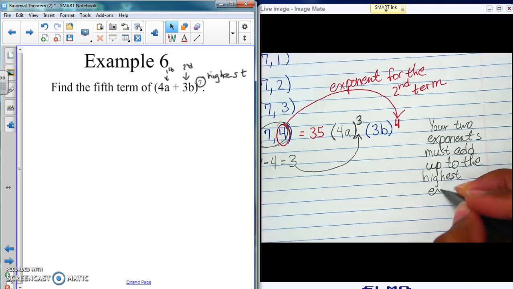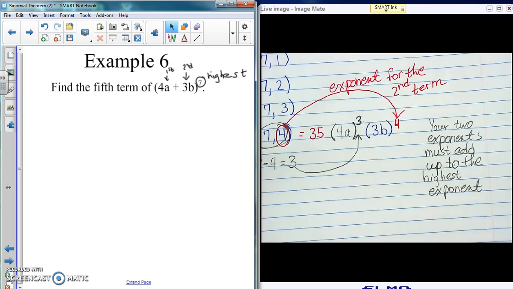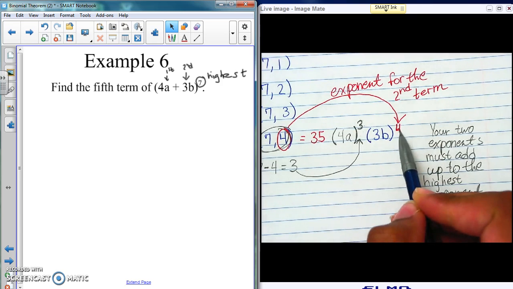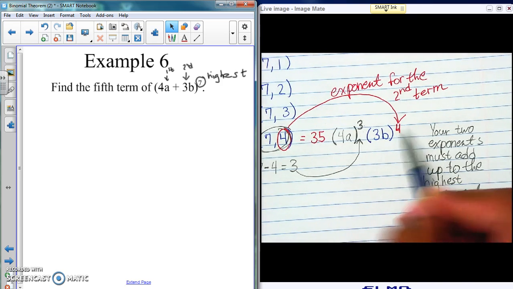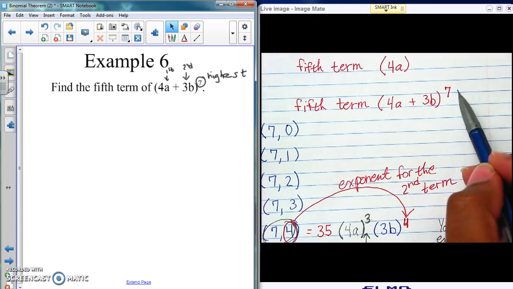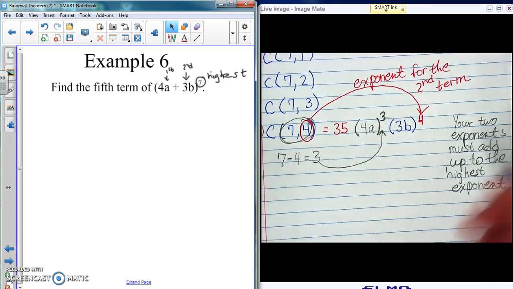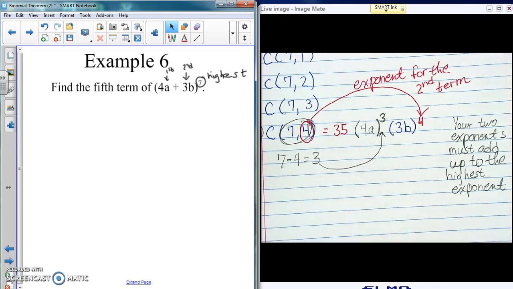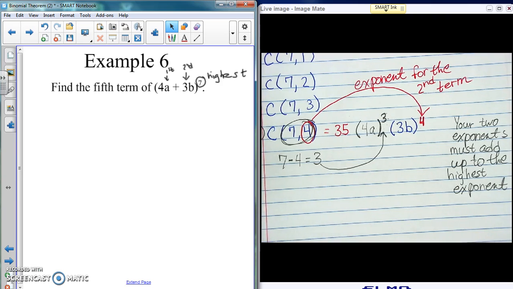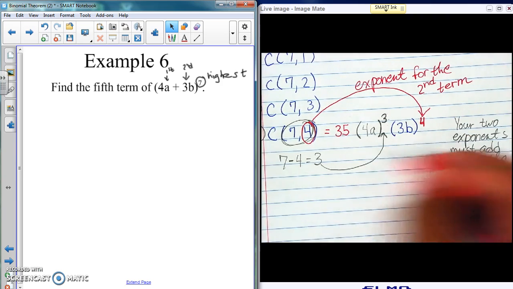It has to equal the highest exponent. So 3 and 4 added together give us 7, and 7 is our highest exponent. If those add up, that means we did it right. Hopefully. Okay, now at that point, we need to just go ahead and simplify what we have here.